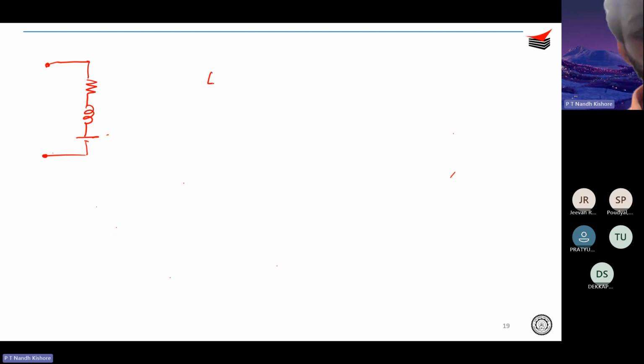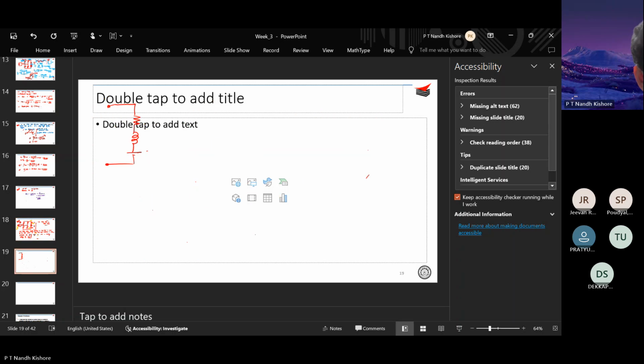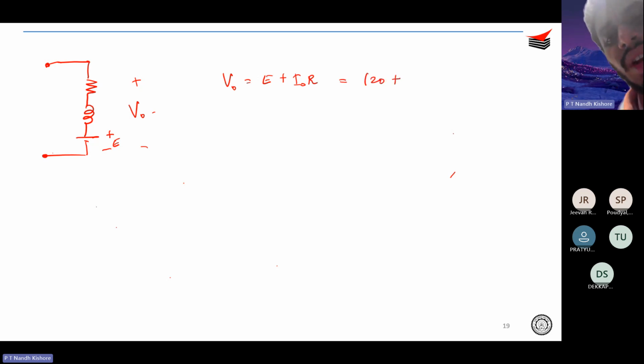What was V naught? V naught was E plus I naught into R. That was 120 plus 10 into 0.4, which was 124 volts.